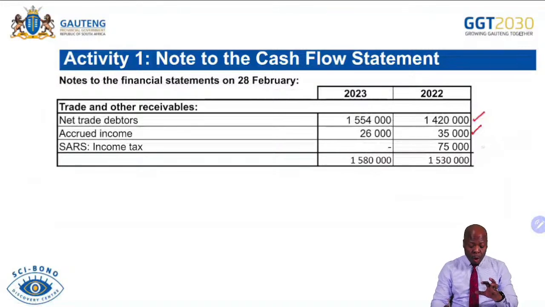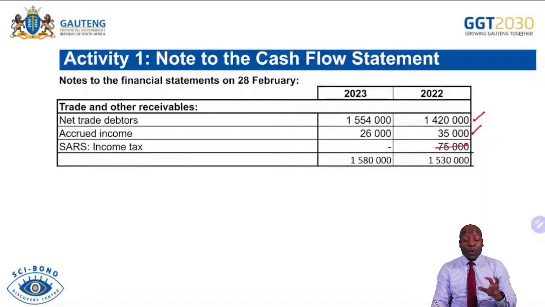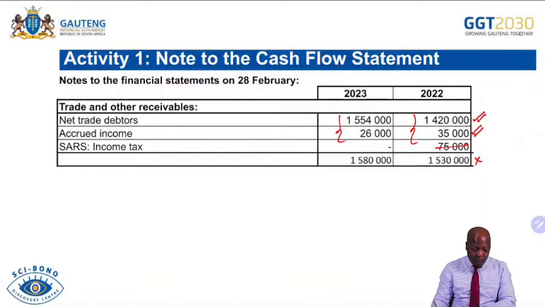When we are doing this note, we will not be looking at the SARS income tax. So we will not use the 1,530,000, but we will only use the 1,420,000 as well as the 35,000. That will apply for the year 2022 as well as 2023.